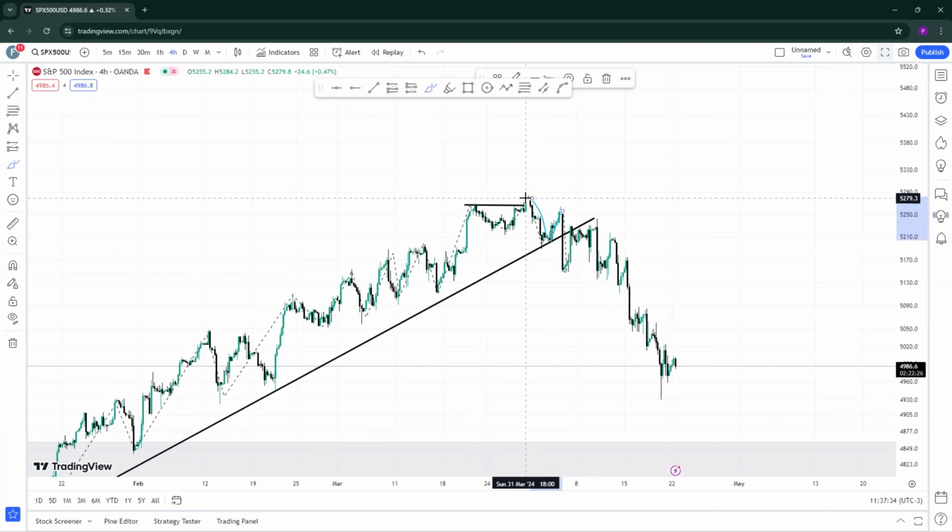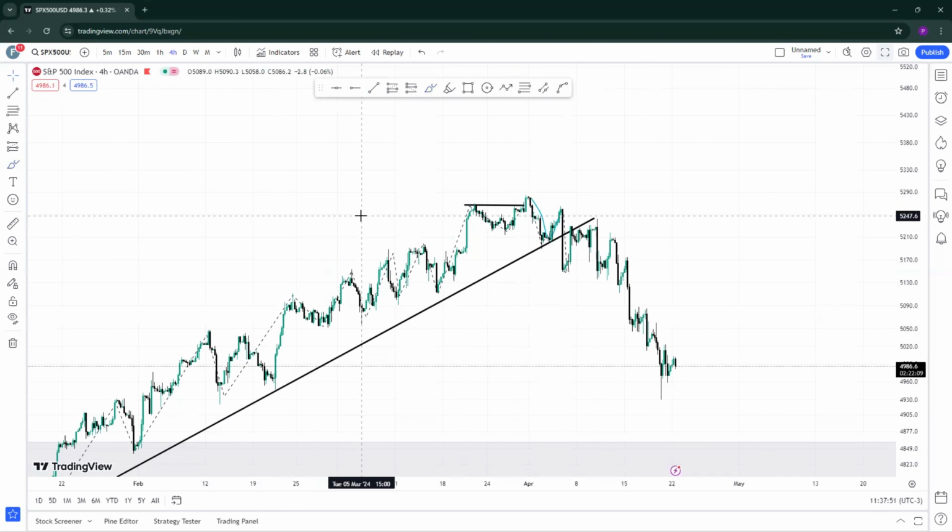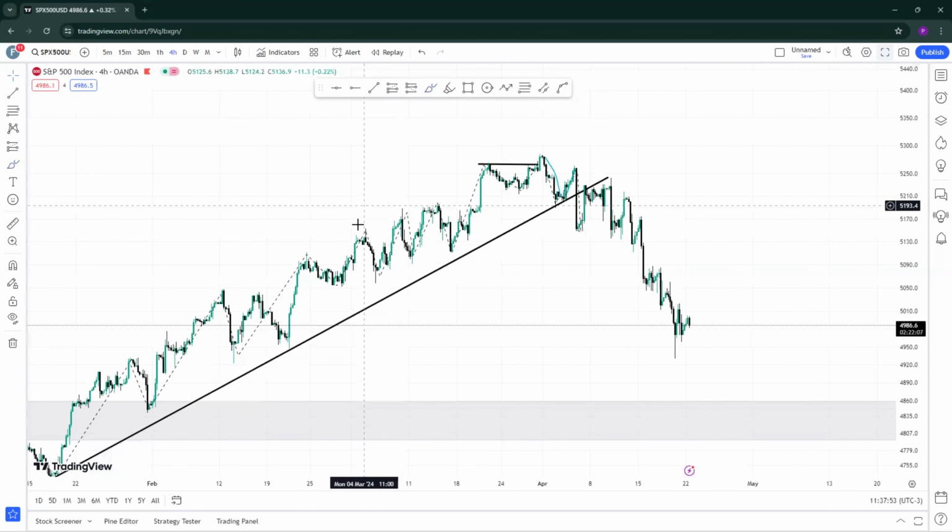That's one condition that you have to consider. So we have a high probability that this trend line will break, or we have a change in trend.